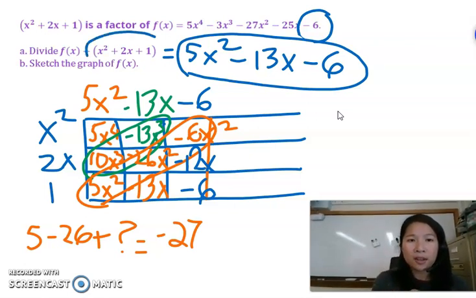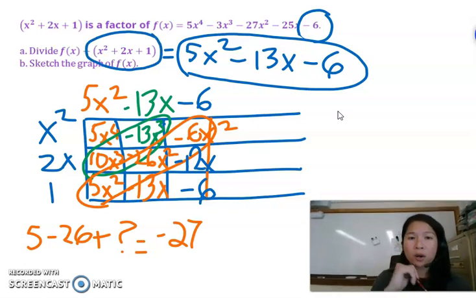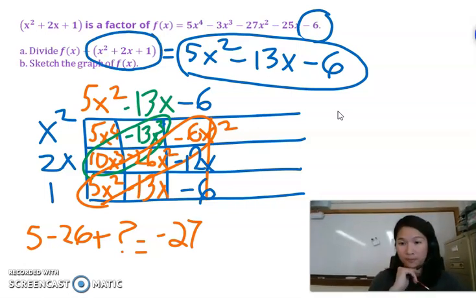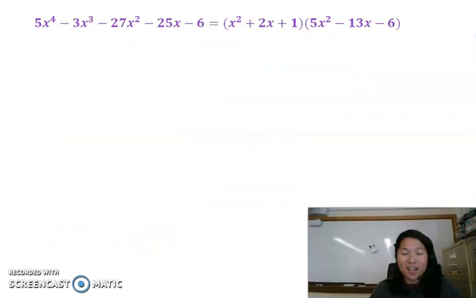We're also given the other factor, x squared plus 2x plus 1. So when we rewrite our long polynomial in standard form, we can write it as x squared plus 2x plus 1 times the answer that we got from the division process, 5x squared minus 13x minus 6.